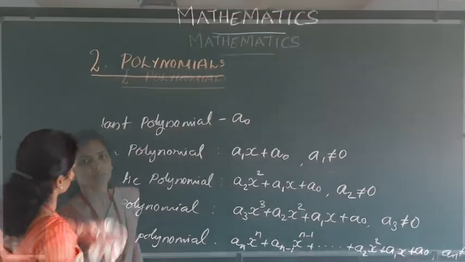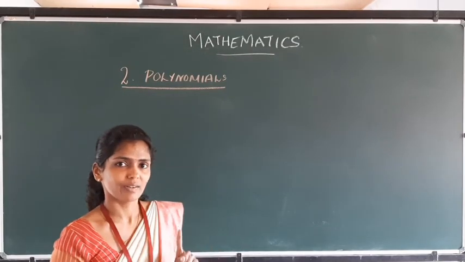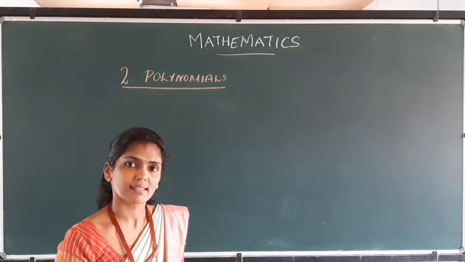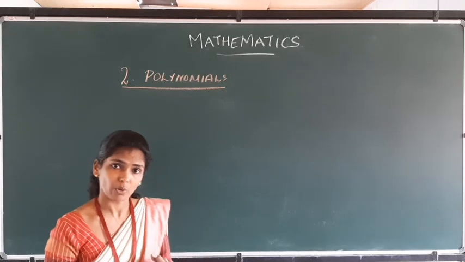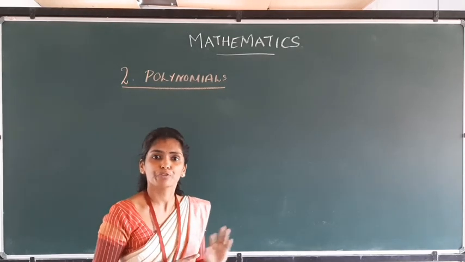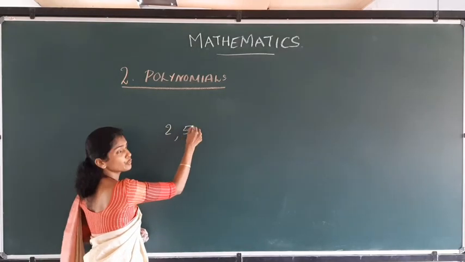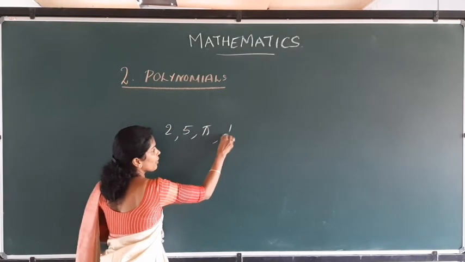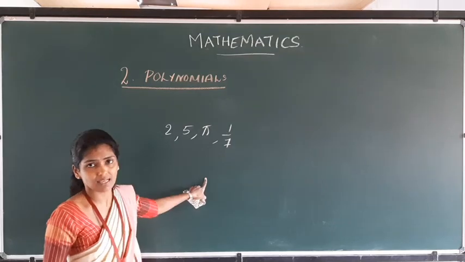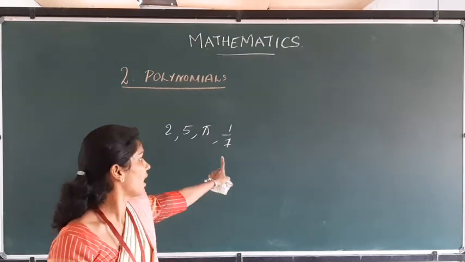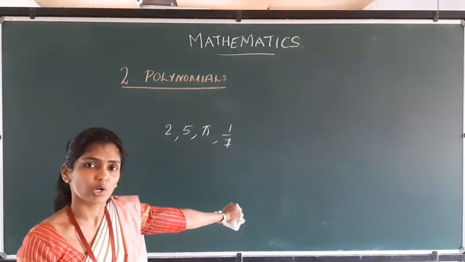We know linear polynomials, quadratic polynomials, cubic polynomials, and the general form of n-degree polynomials also. Also, we said 2, 5, pi, 1 by 7. Such numbers are constants, and these also are polynomials.